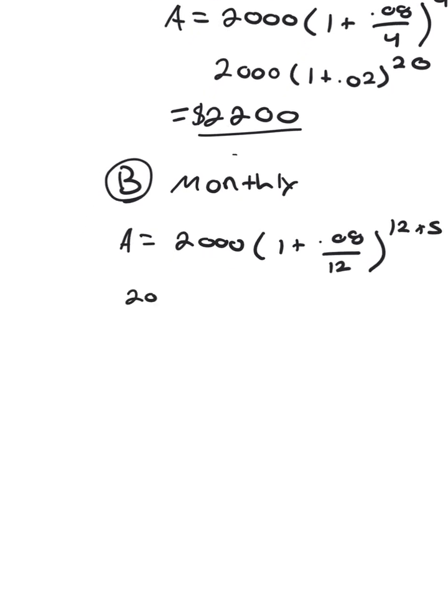Now we're left with 2,000 times 1 plus 0.08 over 12 to the 60th power. One second while I convert this. Okay, after computing it, we're left with 2,297.9, rounded to the 69.